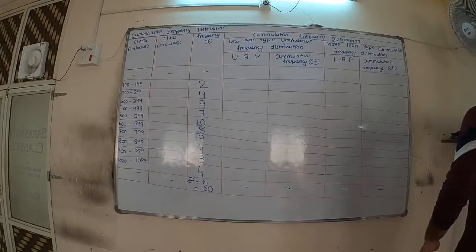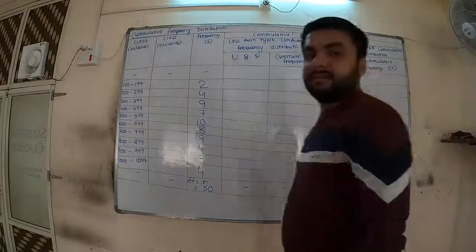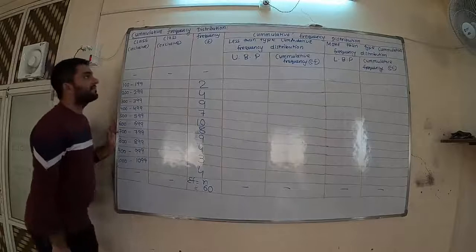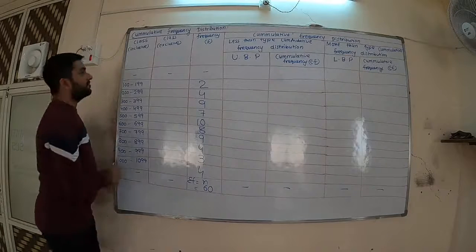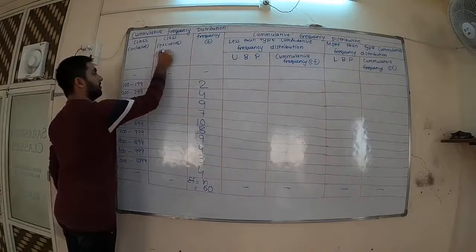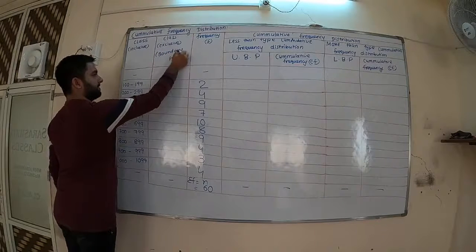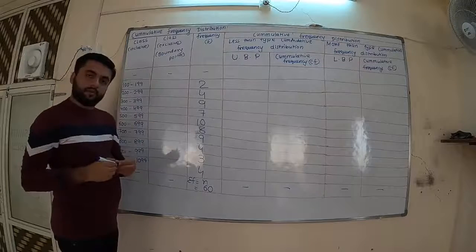Now with a simple step we are converting the classes into exclusive, and these are also known as boundary points, meaning the uppers and the lowers.